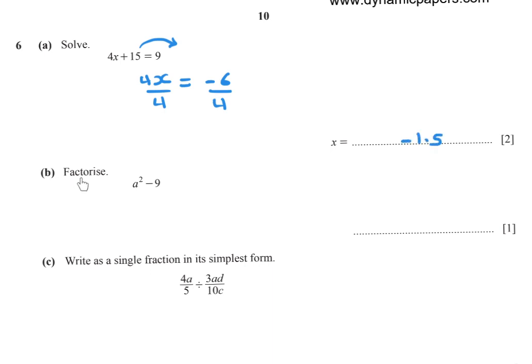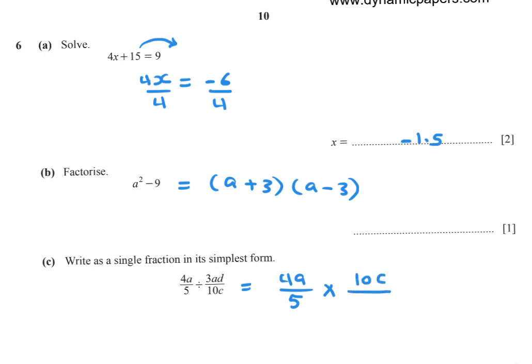Next one, b, factorize a squared minus 9. No common factor, difference between two squares, so (a plus 3) and (a minus 3). For c, write as a single fraction in its simplest form. Keep the first fraction, divide becomes multiply, find the reciprocal for the second one, so 10c over 3ad.